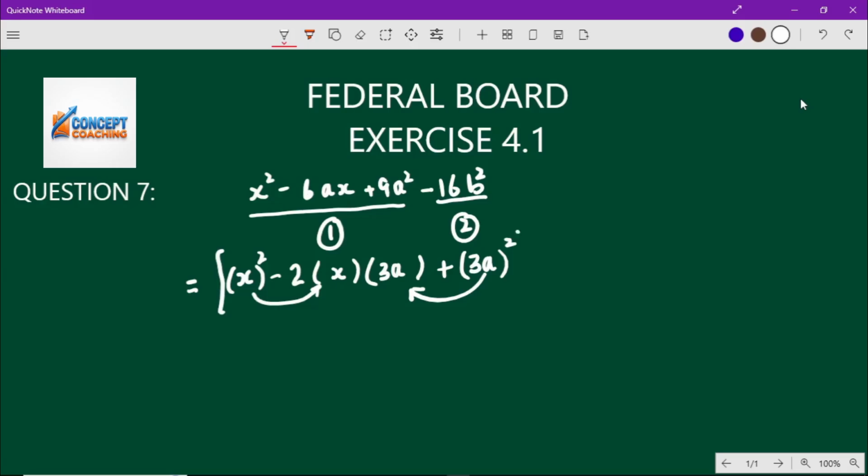This is the first part, and now we have minus 16b square, that is minus 4b whole square.